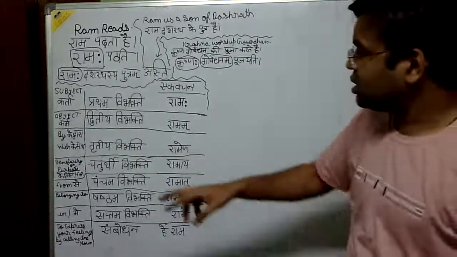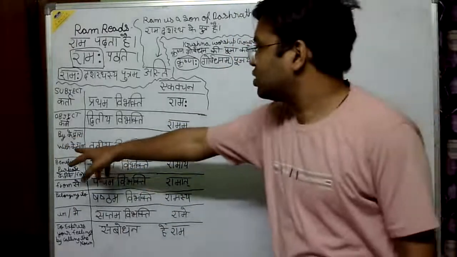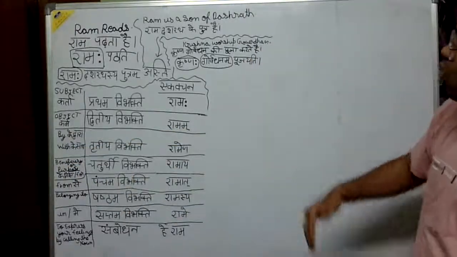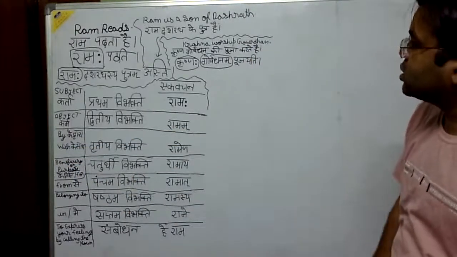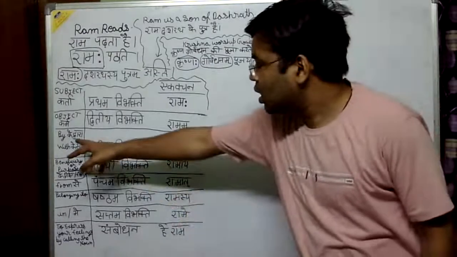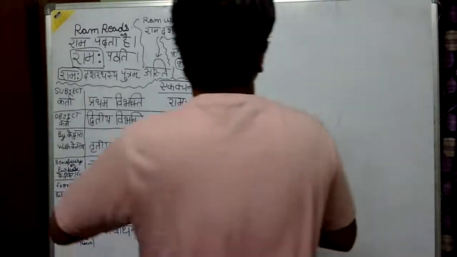One type of sentence in which the word by should come. Another type of sentence in which the word with should come. So we will look at both types of sentences, in which by comes and with comes. So for by.